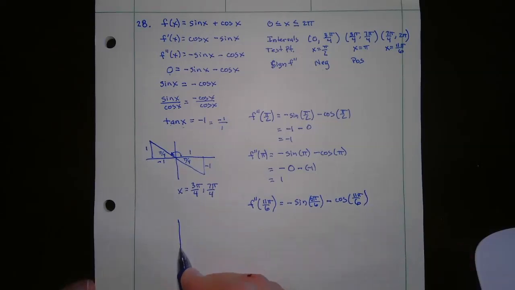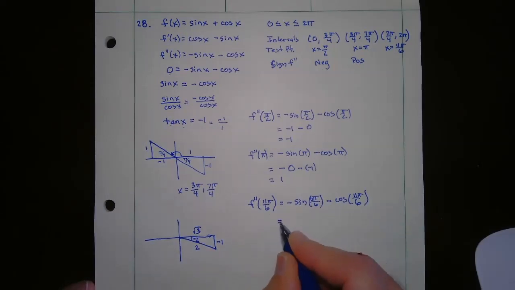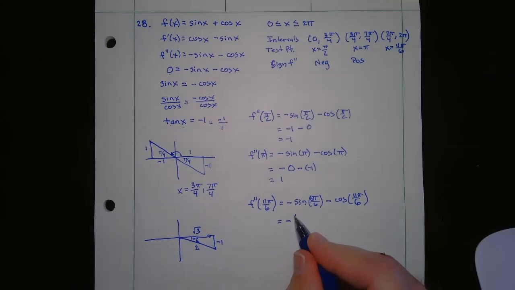Okay, so I'm going to draw a diagram for 11 pi over 6. 11 pi over 6 would be right here in the fourth quadrant. This is pi over 6, so that would make this negative 1, this would be 2, and this would have to be positive square root of 3. So this is negative, and then sine of 11 pi over 6 would be negative 1 over 2.